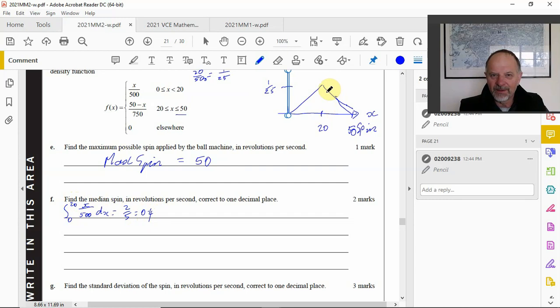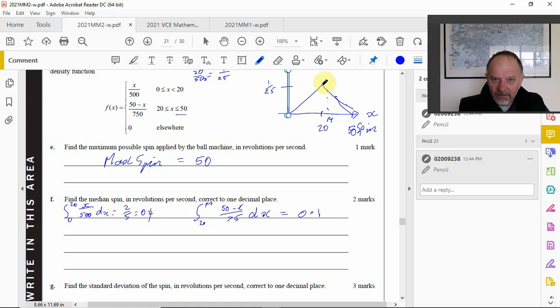So the median's got to be somewhere here in this top half, because we only got 0.4 up to 20, and so we need another 0.1 here. So from 20 to our median, and this time we're now using the 50 minus x on 750 dx, and that's got to be 0.1.